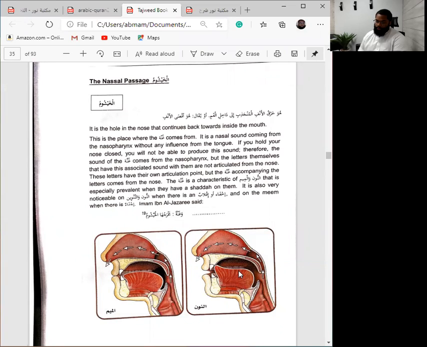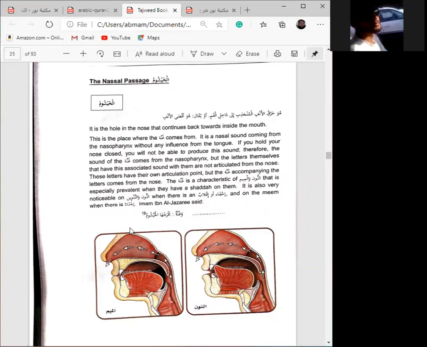Interesting. One of the wonders of Allah subhanahu wa ta'ala's creation, to show you how meticulous Allah subhanahu wa ta'ala is. Al-Latif al-Khabir. SubhanAllah. You guys have any questions?